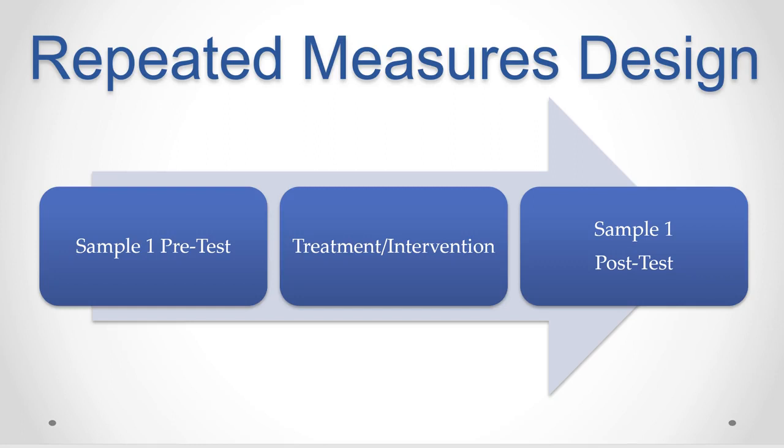For example, we can measure athletic performance, that's the dependent variable, in a sample of athletes before and after a training camp. We can compare the difference in athletic performance before and after the camp.